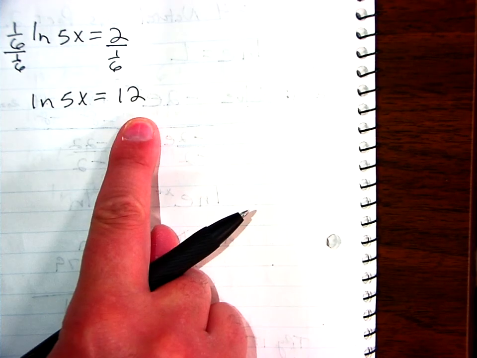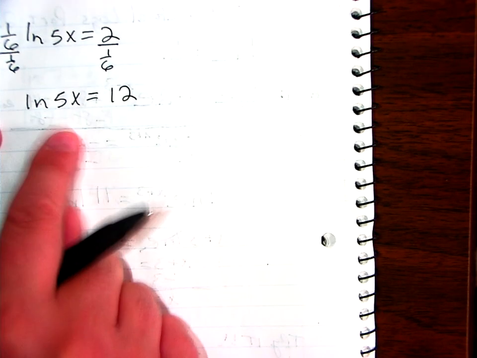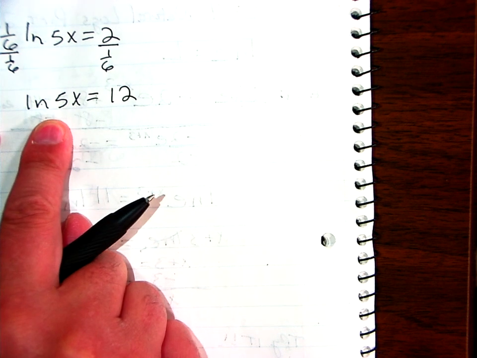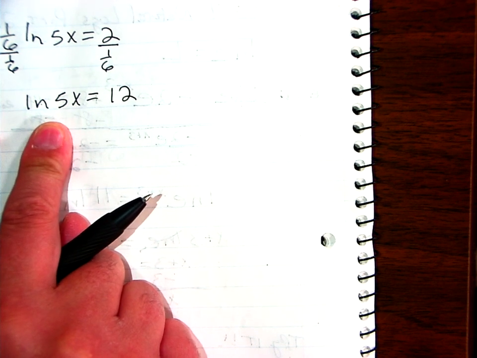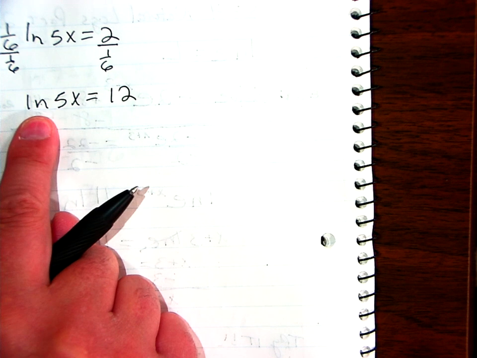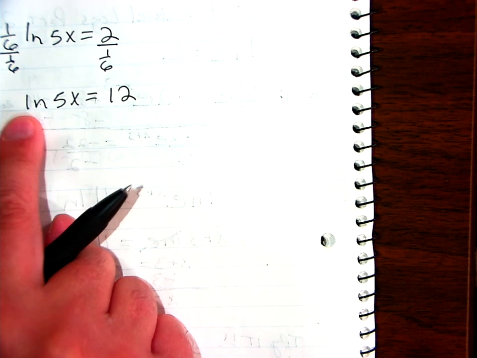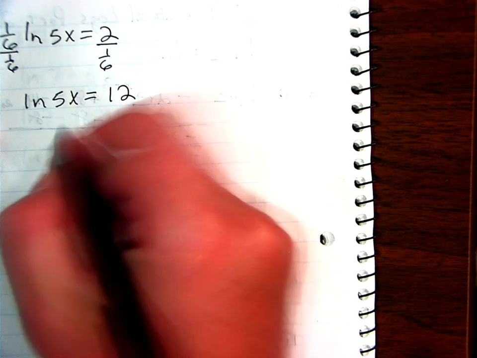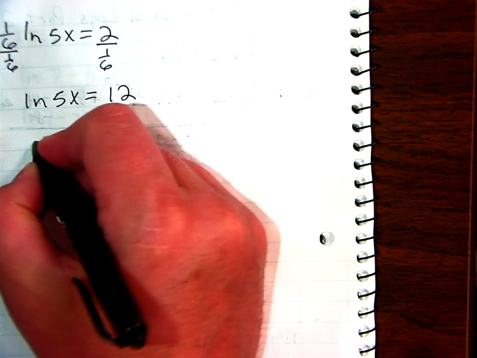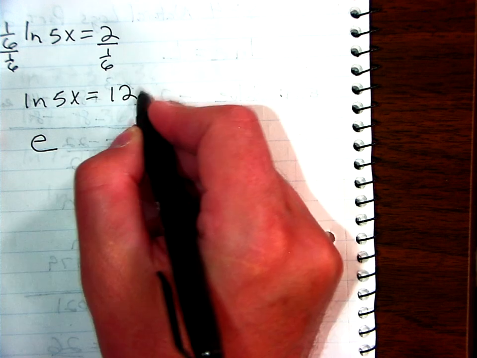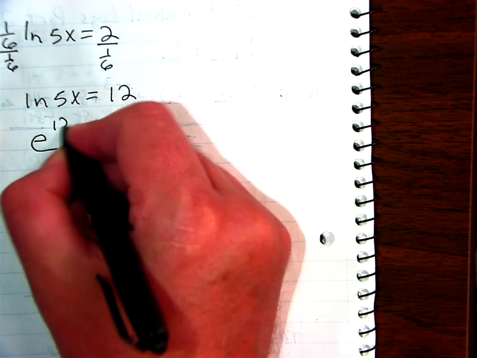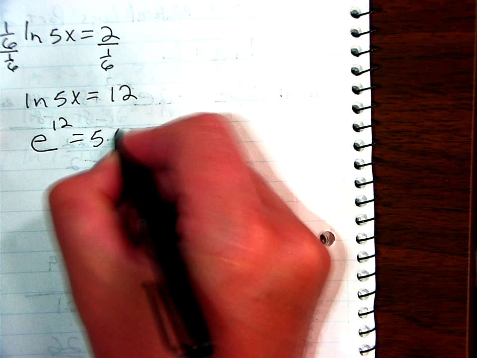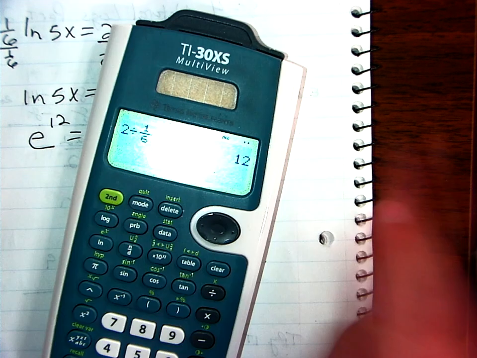We only have one log, so let's switch to exponential. What's the base here, even though we don't see it? It's not 10 because this doesn't say log. If it said log, it would be 10. Since it says ln, it is e. So e, and then what happens to the 5x and the 12? They switch sides.